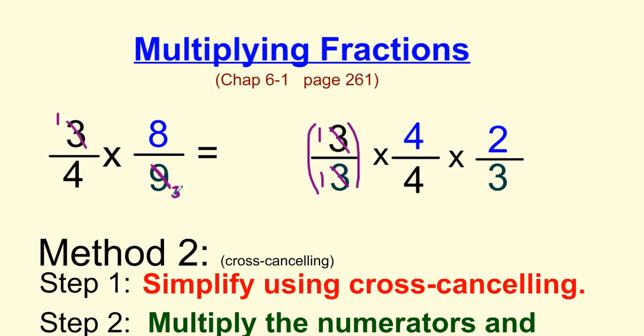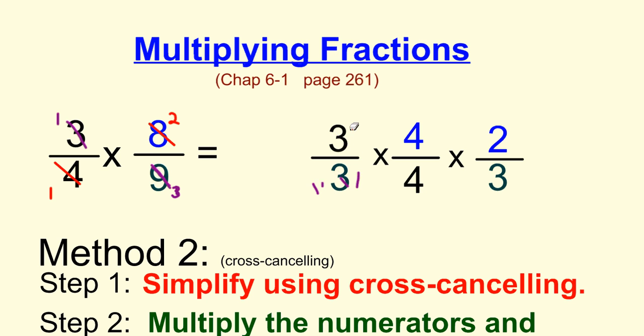All right? And we can factor a 4 out of the denominator and the numerator as well. We have 2 left over on top, and 4 divided by 4 is 1 on the bottom.